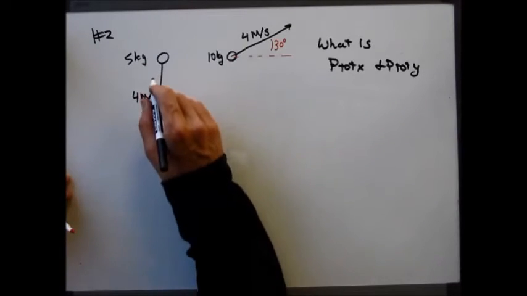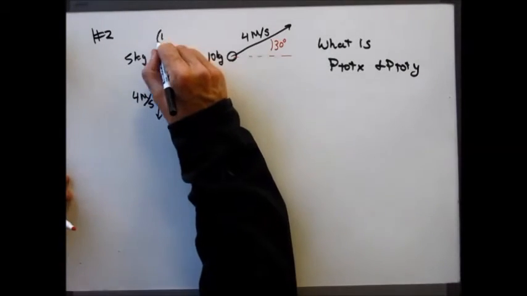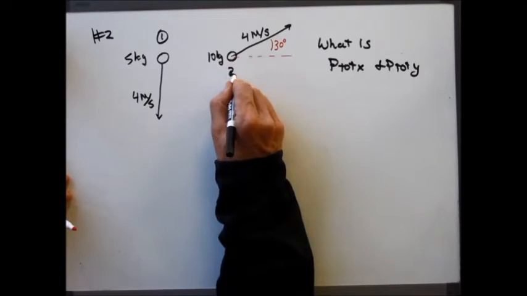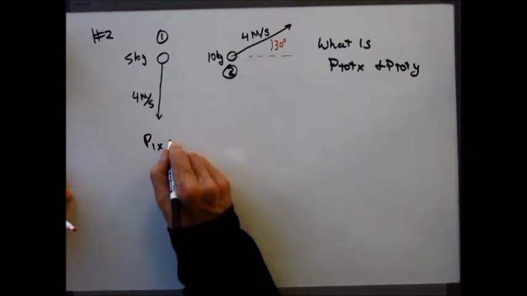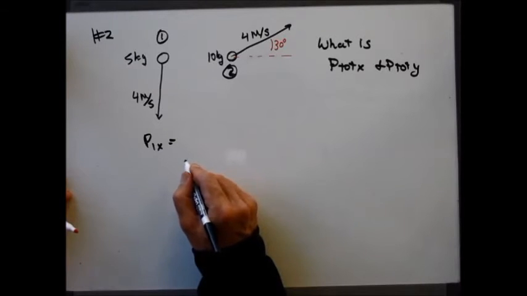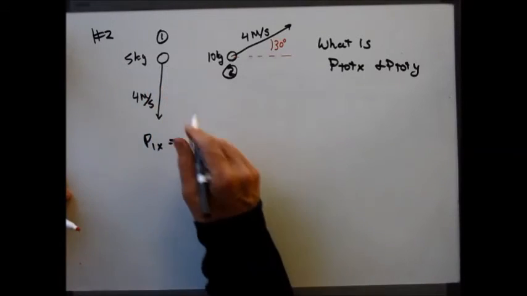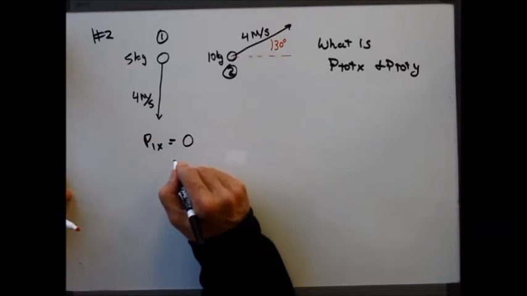And so if we call this one particle 1 and particle 2, we can say P1X is equal to, well, it's got no component in the X direction, so it's just 0, right?